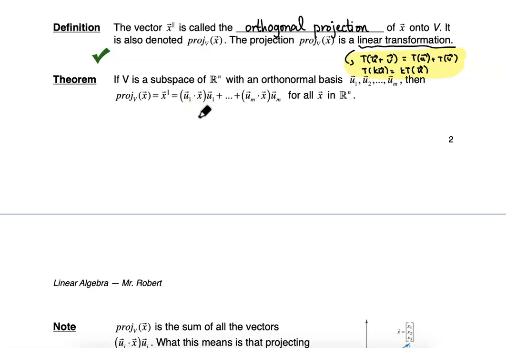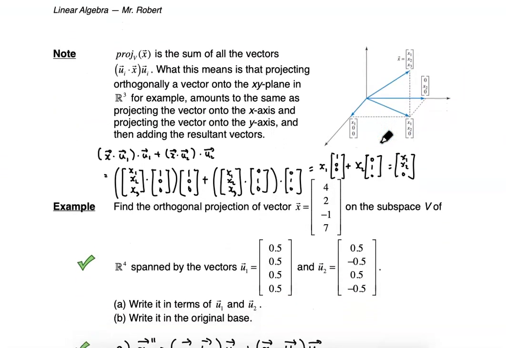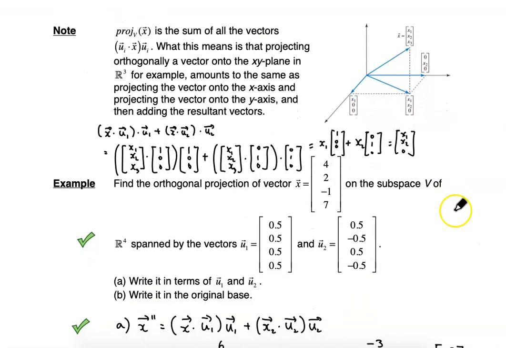Sometimes it's quite hard to find what linear combination makes a projection, but if you have an orthonormal basis, it's very easy. We'll see in an example below how it works.